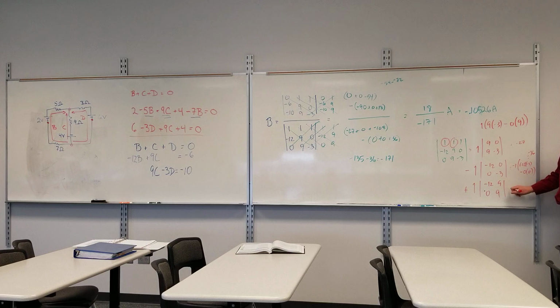And the last one, 1 times, I got negative 12. Cross out that row and column, I'm left with 9. Minus 9. Cross out that row and column, I'm left with 0. And so that ends up being negative 108. So my final answer for the determinant is negative 27 plus negative 36 plus negative 108.